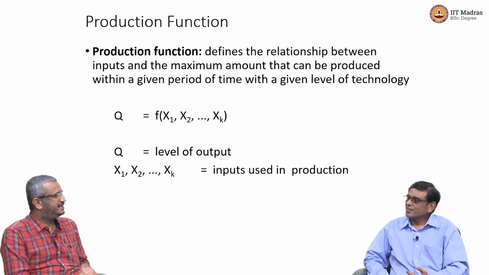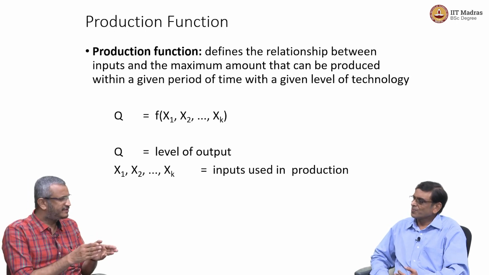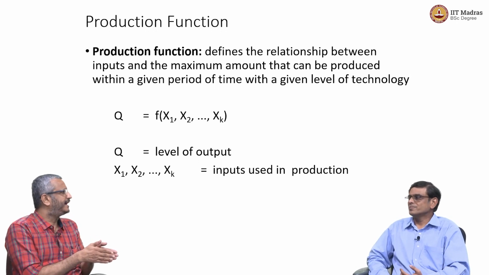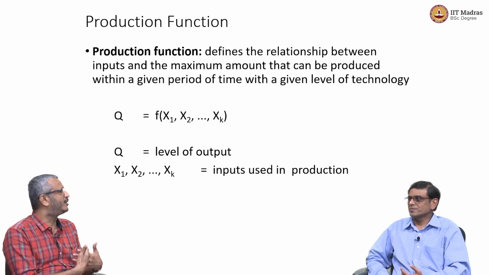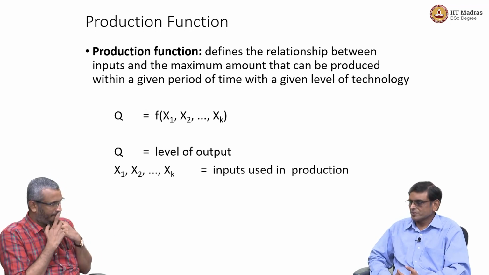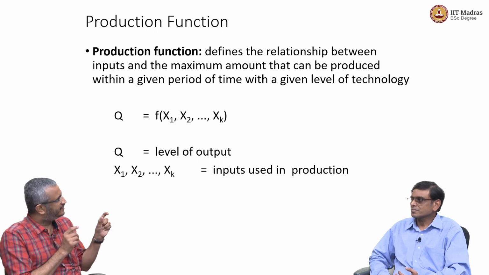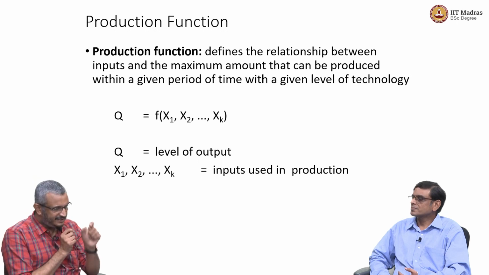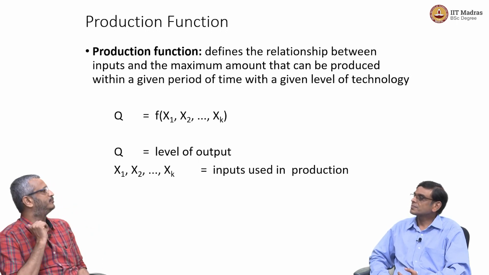The technology, we are assuming that the individual firm cannot vary it immediately, and they don't have the resources to invest in new technology, and so it's a long run decision, technology decision. Okay. And time, we have to have some definite interval of time. So, in a given period of time, with the given inputs that are available to you, what is the maximum output you can produce?